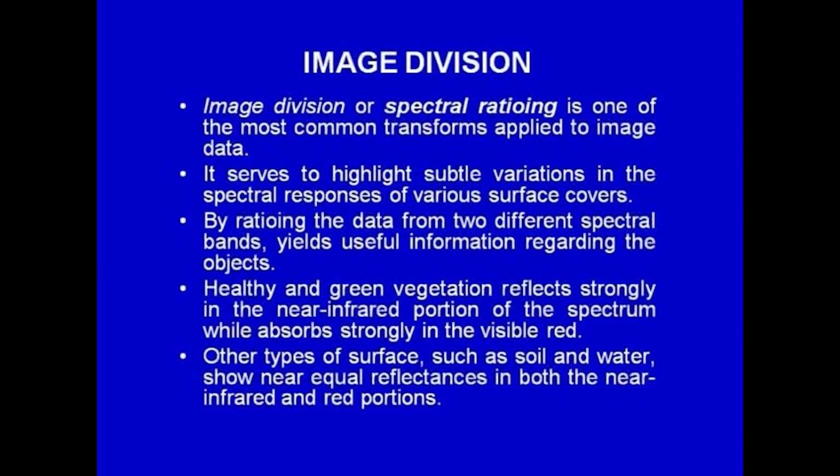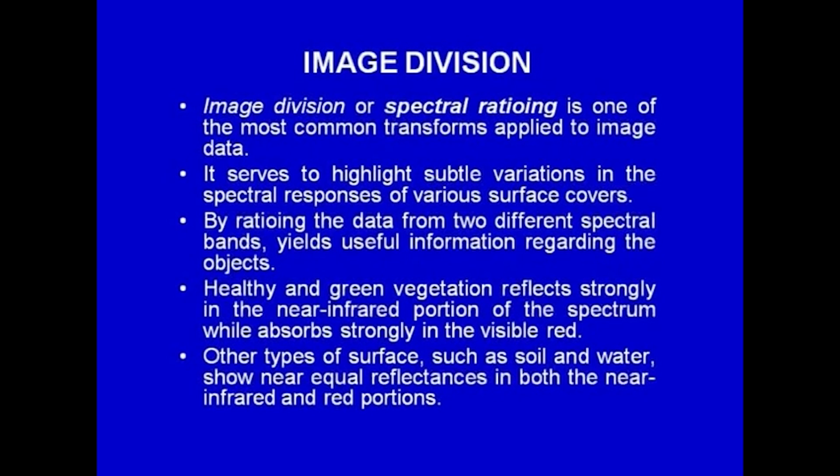Healthy and green vegetation reflects strongly in the near infrared portion of the spectrum, while it absorbs strongly in the visible red. Other types of surface such as soil and water show nearly equal reflectance in both the near infrared and red portions.